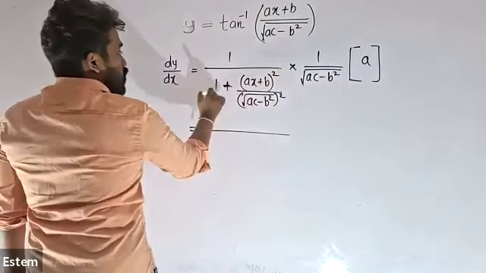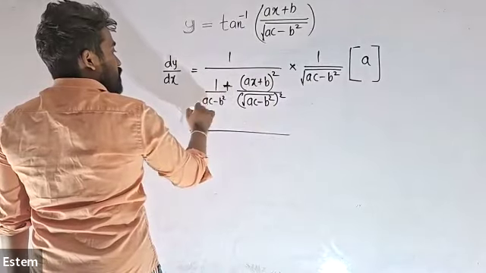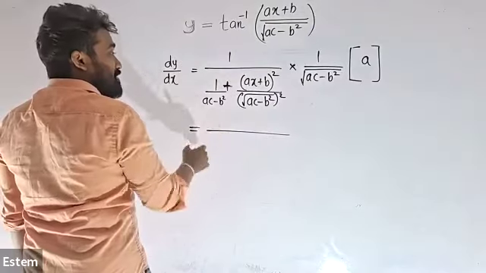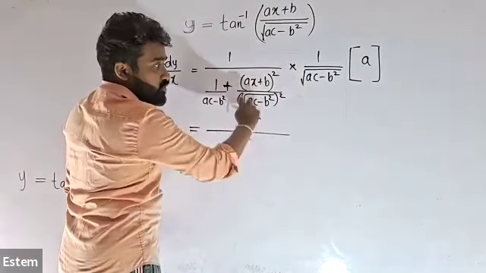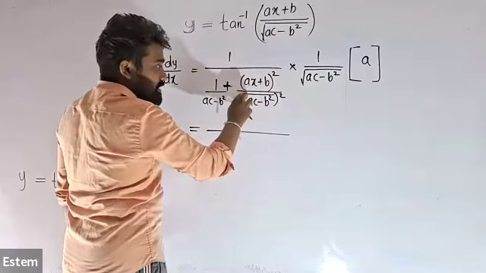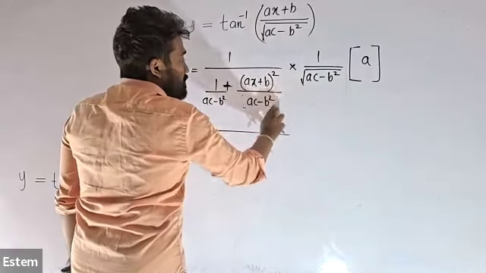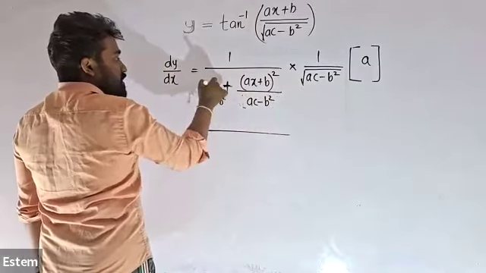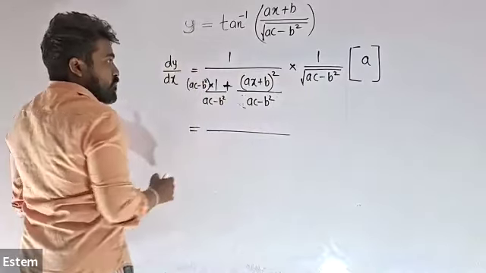We should get a common denominator here: ac minus b squared, because the square of this square root just removes the root. So we multiply this with ac minus b squared to get a common denominator.